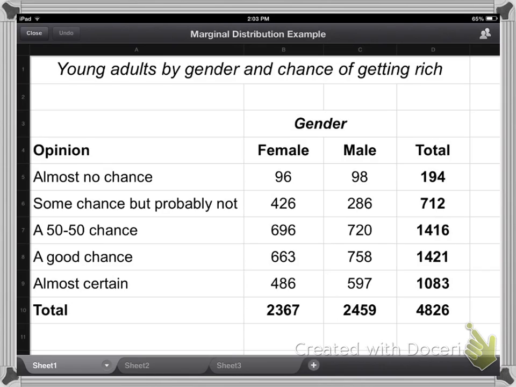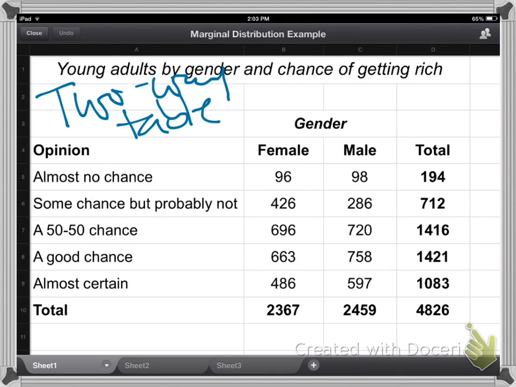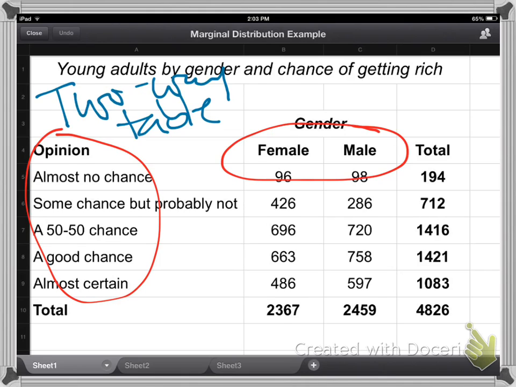So the first thing that we want to talk about, our first topic, is that of a two-way table, which is exactly what we have here. It's called a two-way table because we have 2 different categorical variables that we're looking at. We have the category of the various opinions that could be expressed, and then the category of the 2 genders that each respondent could have.